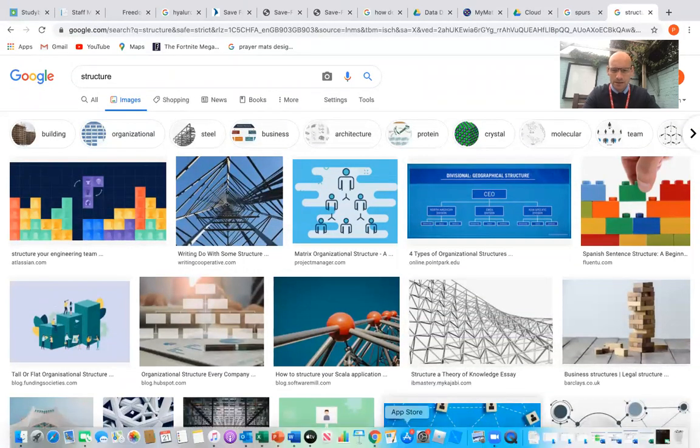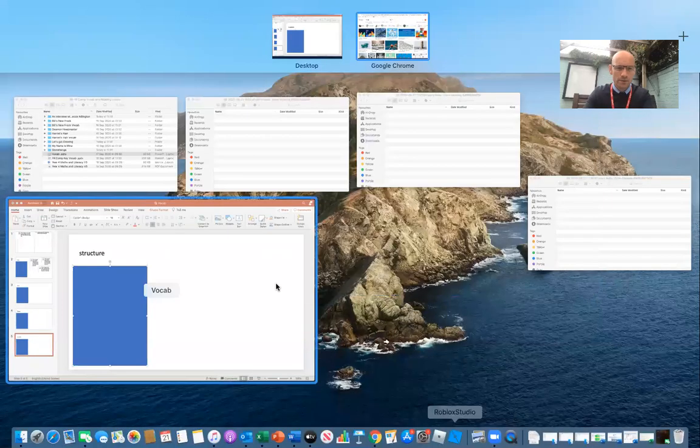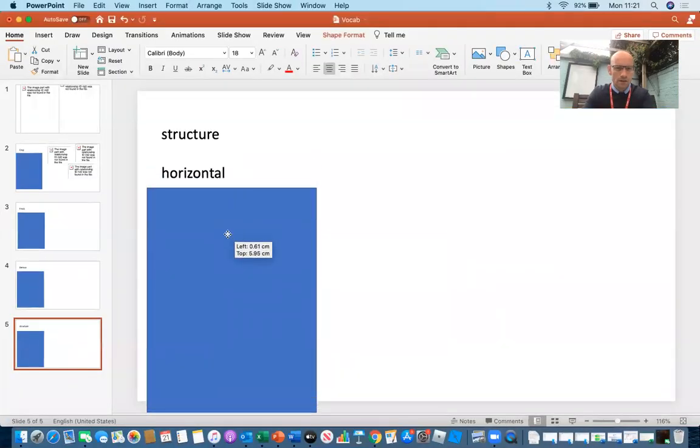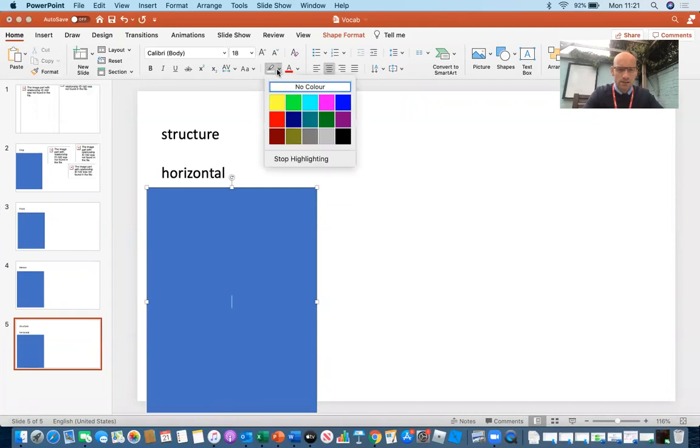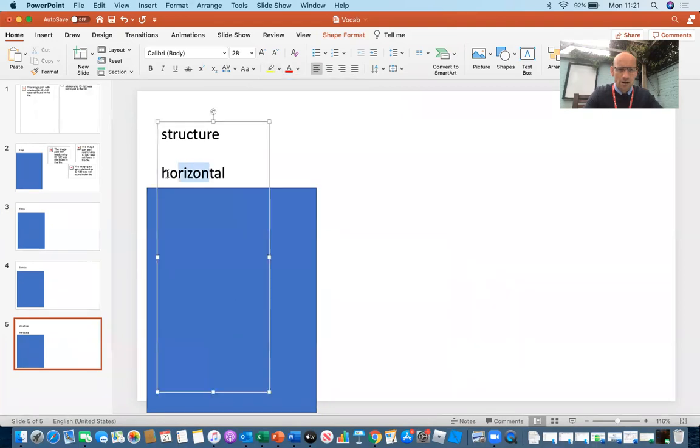Okay, so let's have a look at the next word. Here we have horizontal. Now, if you look carefully in this word horizontal, you'll notice that there is a root word, horizon. Now, I do know that the horizon is the line across the world as the sun comes down.